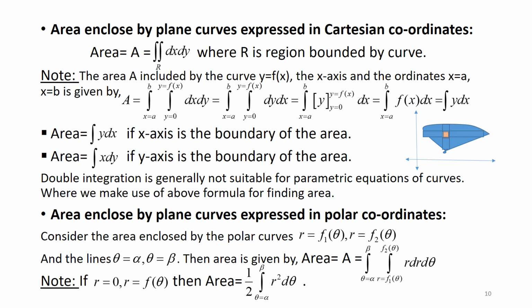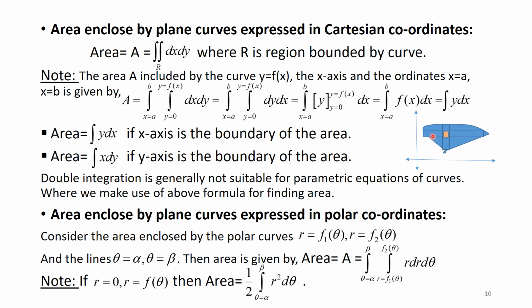Now we will start with our second part, that is finding the area of the region R. As we know, the double integral of f(x, y) with respect to x and y, in Cartesian form or polar form, we can evaluate, and the application of this is in finding area. Let us suppose this region R is given.